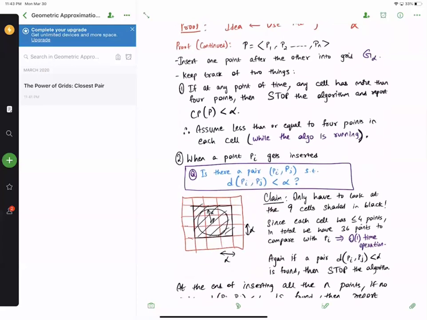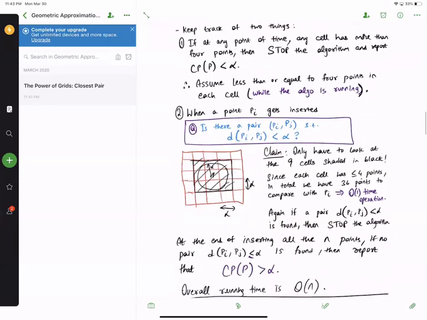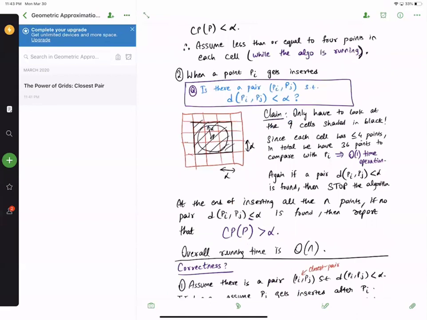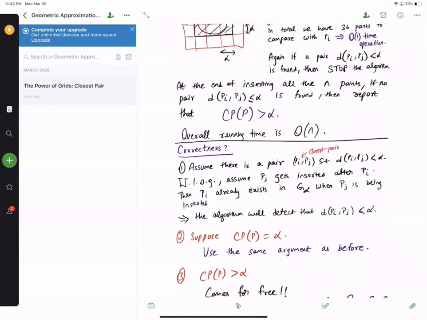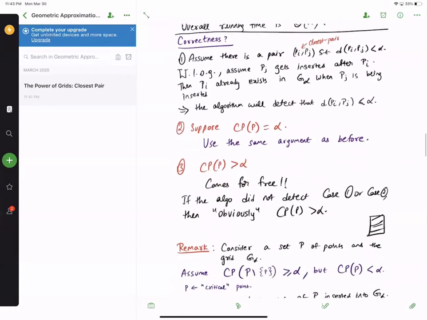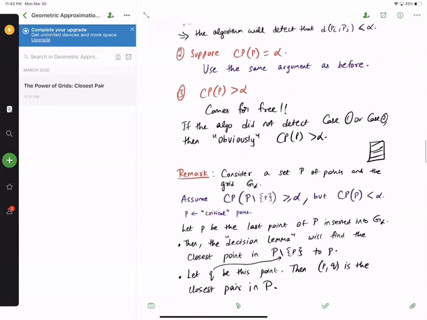Every time you insert a point, you only do a constant time operation, and you're always trying to find if there's a pair pi pj whose distance is less than alpha. Once you find such a pair, you report it. If you don't find one, then you claim that the closest pair distance was greater than alpha. I tried to show a proof of correctness, but it would be good if you can go through it on your own.